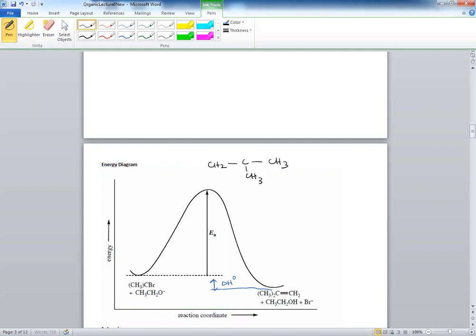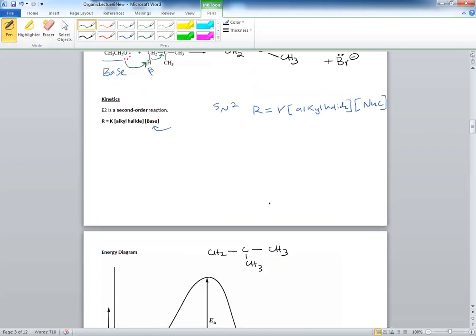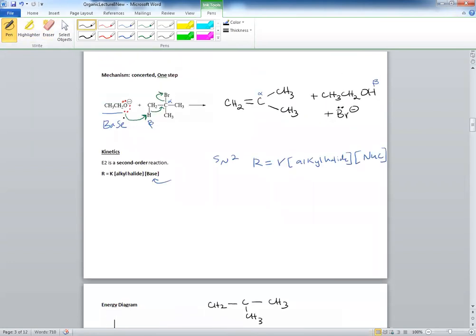All right. So watch how we draw this. This bond is forming. Obviously, this is breaking. I don't want to use too many arrows. A double bond is forming right here. This arrow going back, and of course the bromine is leaving, so this is breaking.